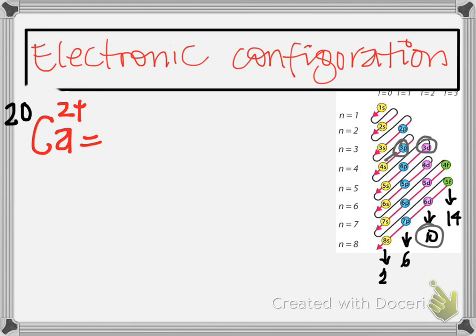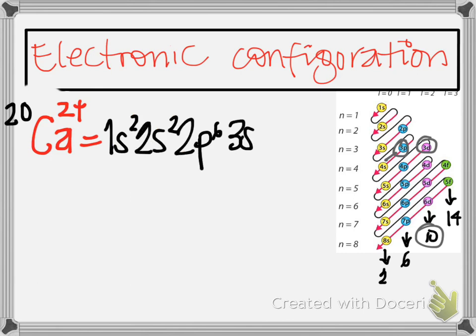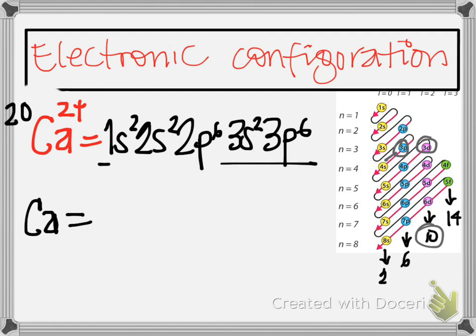So it goes as follows. So 1s2, 2s2, 2p6, 3s2, and 3p6. So that will be it. That is 18 electrons, okay? If you present the electronic configuration for calcium, it will be the same as this one, but you will need to add 4s2, right?